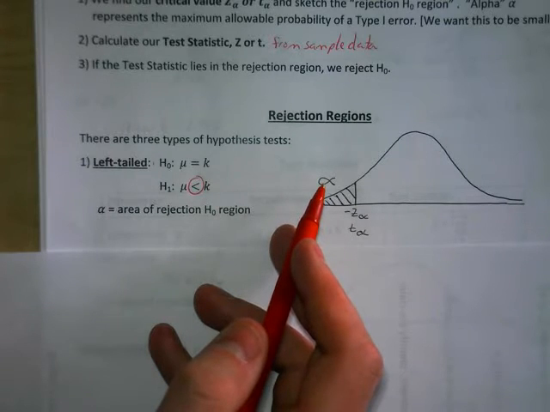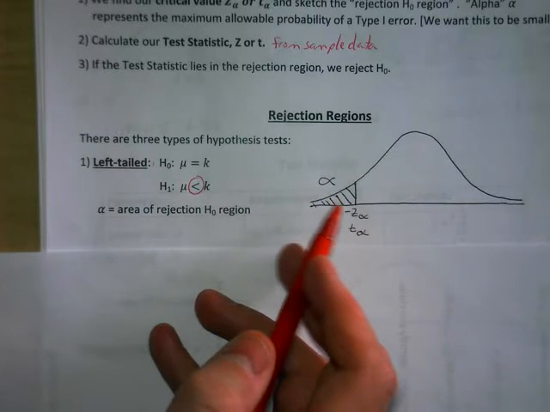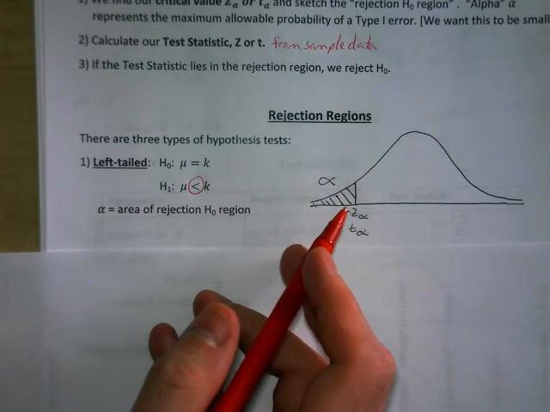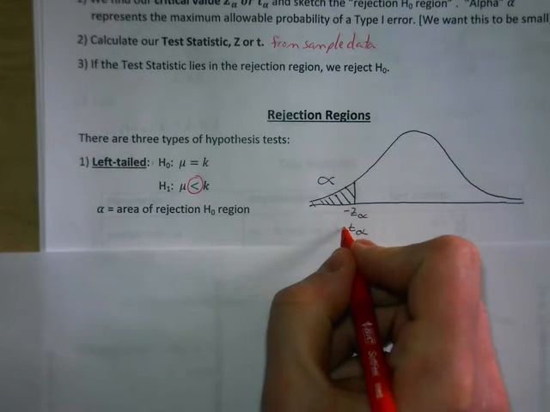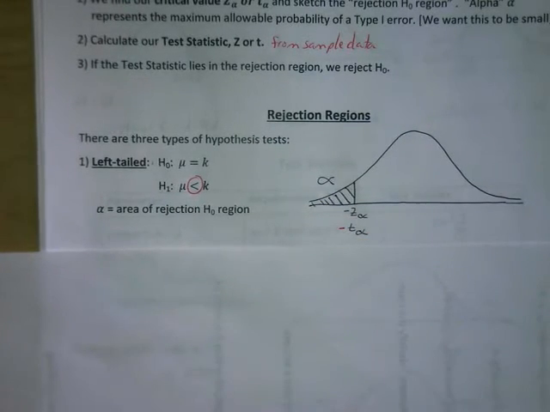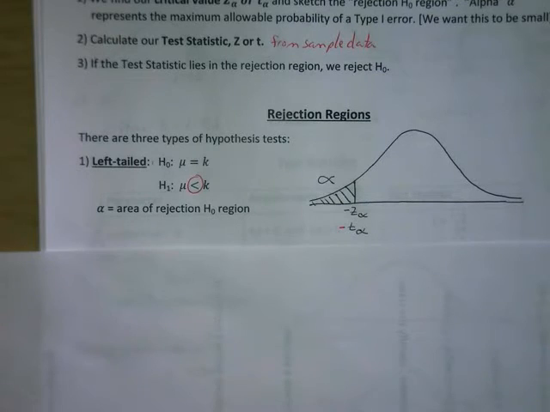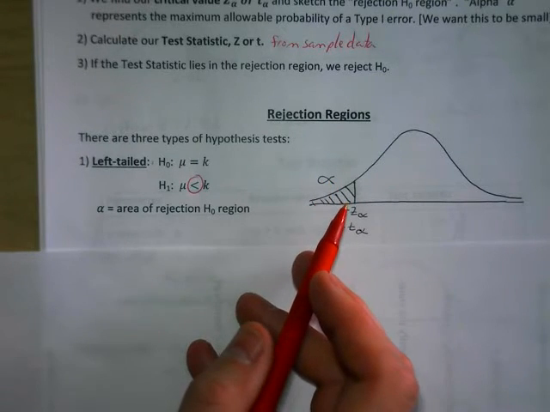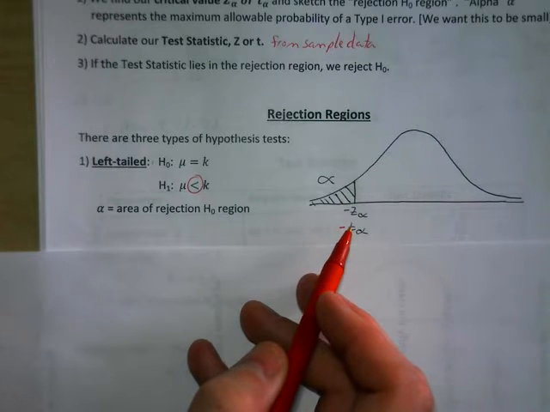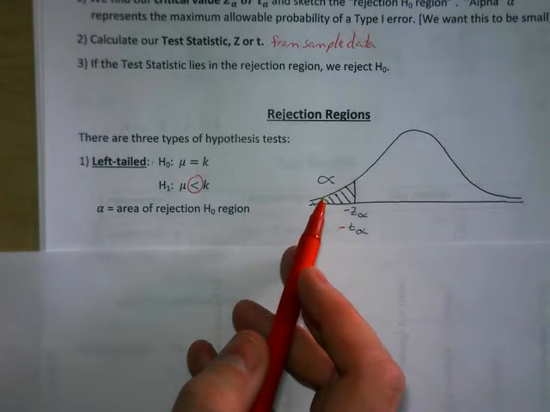And alpha, this symbol here, is the area in that left-hand tail. And the idea is we're going to have a negative z or a negative t sub alpha value. So we're going to look those up on a chart. So if alpha is 0.05, we can find the z score or t score that has 5% to its left.